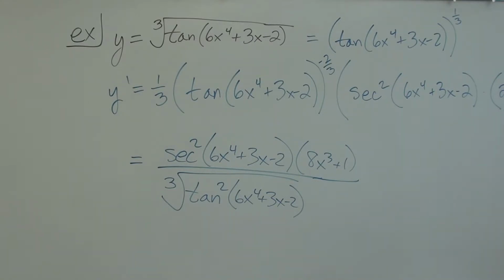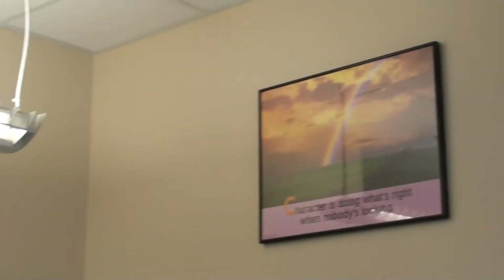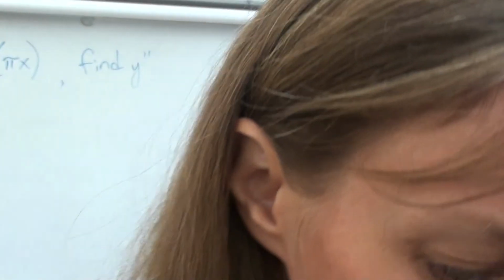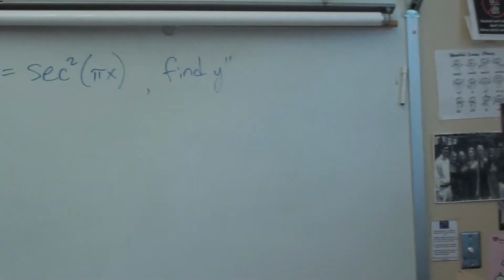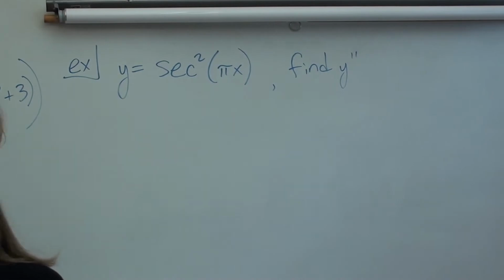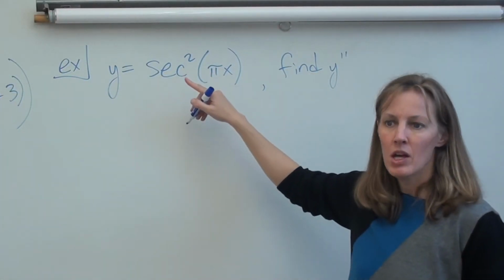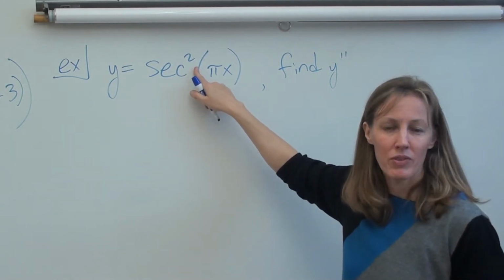Suppose y is secant squared of pi x, and I ask you to find y double prime. I'm going to give you a word of advice. When you have a trig function that's written with this little shorthand notation to a power, and you have to do a derivative, this notation's great.